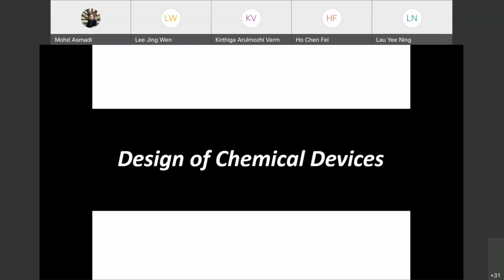For chemical devices or functional products, the main criterion that you have to consider is the key ingredients, the type and the amount of the key ingredients. That is important. For example, if you use a catalyst, that is the key ingredient for the air purifier. Then we have to configure the structure with these ingredients.